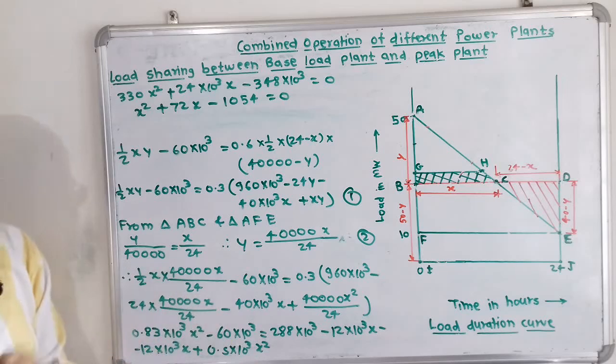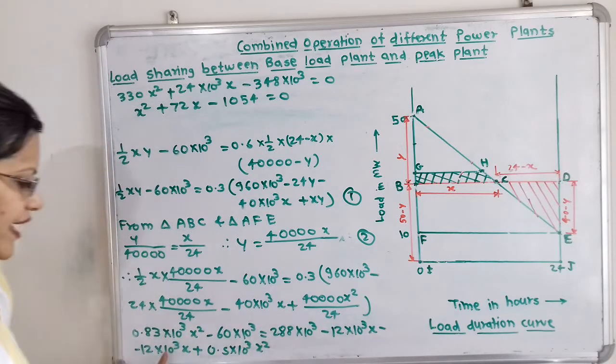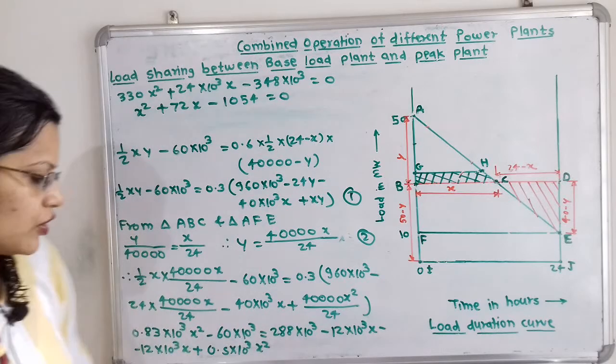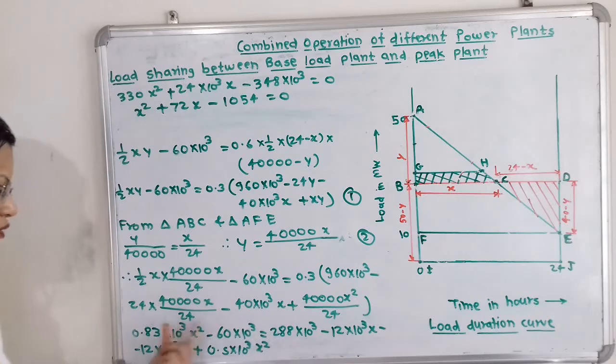Now we will separate each term in the form of x², then x, and the constant term. So we will take the + 0.5 × 10^3 x² to the left hand side.